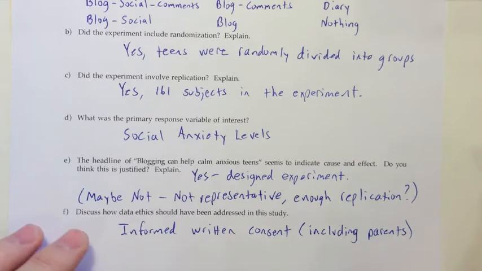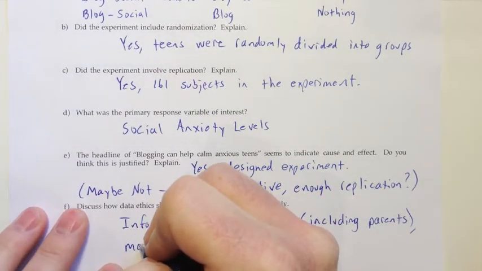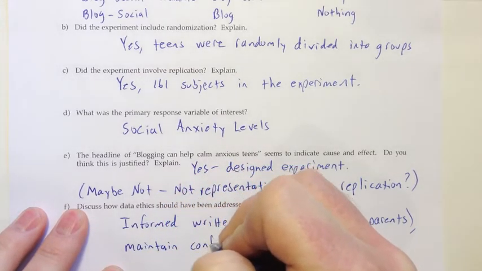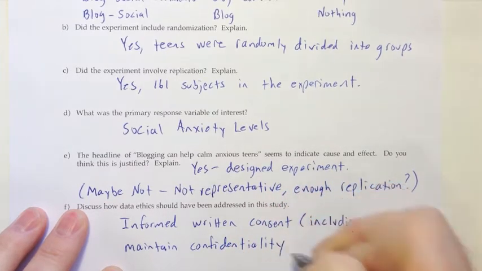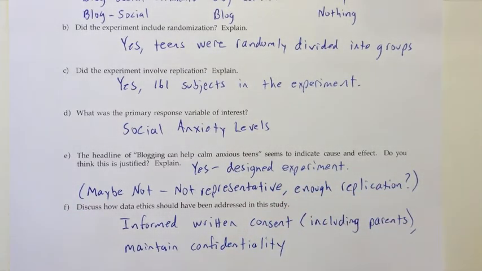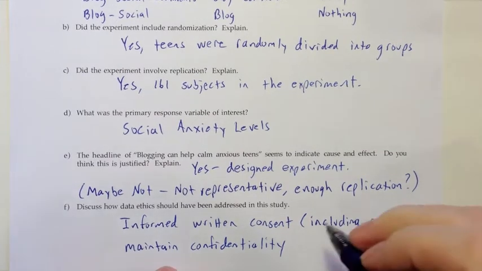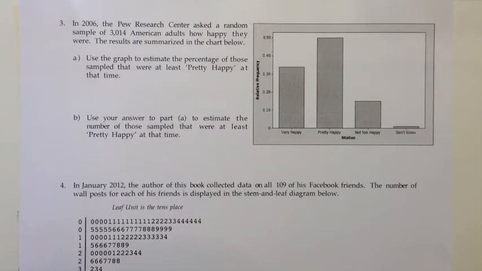And then the other thing is to maintain confidentiality. We have these teens that are expressing their social concerns, and they might be putting some very personal stuff there, and when we write up the report we wouldn't want to name them specifically along with their social problems.